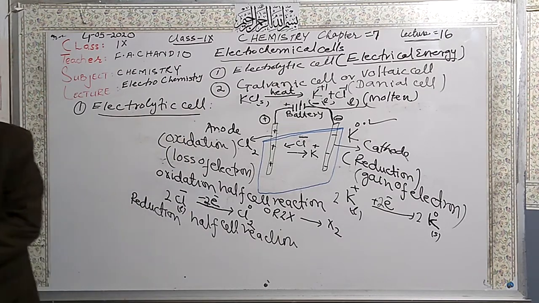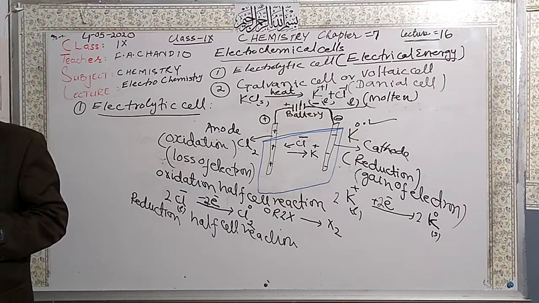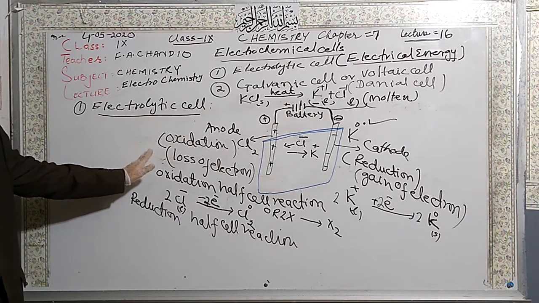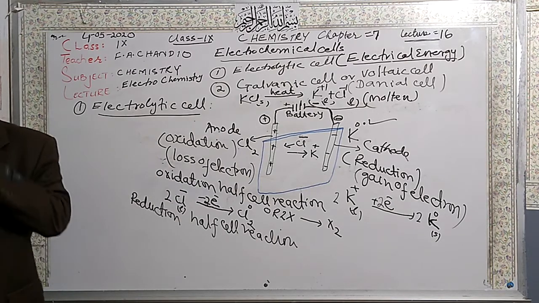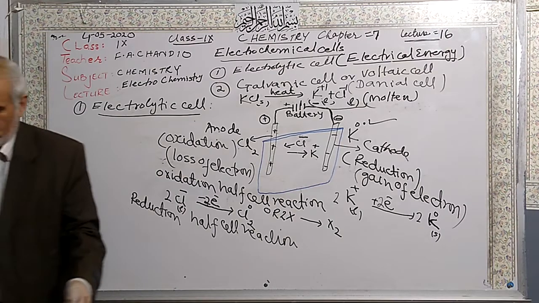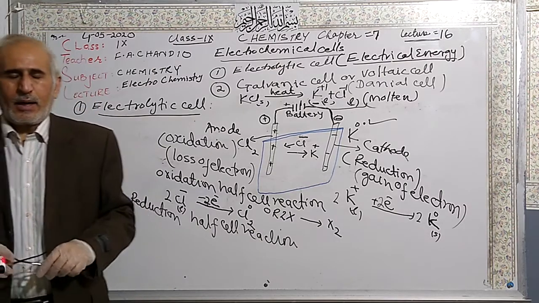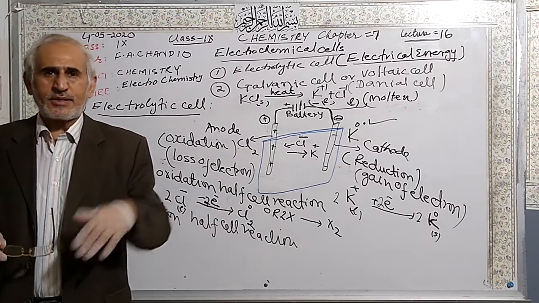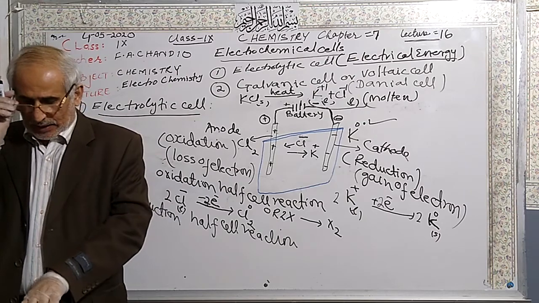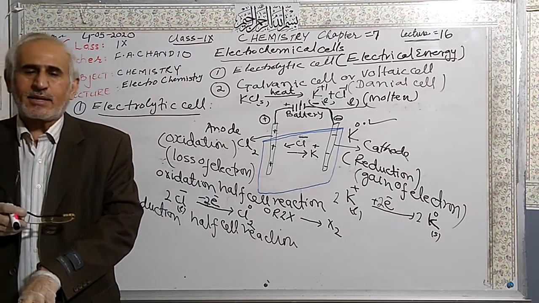So this is the page number 169. So I explain general and this is a particular according to your self-assessment exercise 7.5. Now, when I explained this process, I also told you about uses of the electrolytic cells.